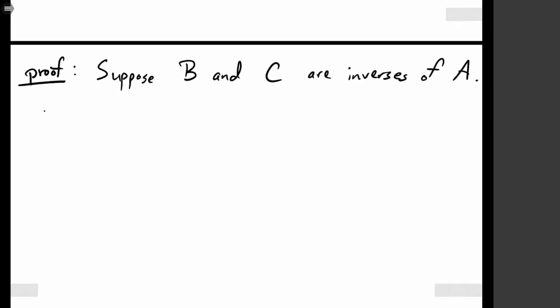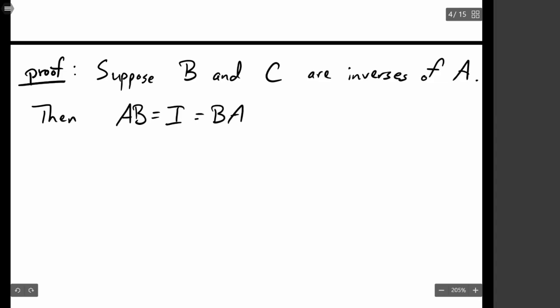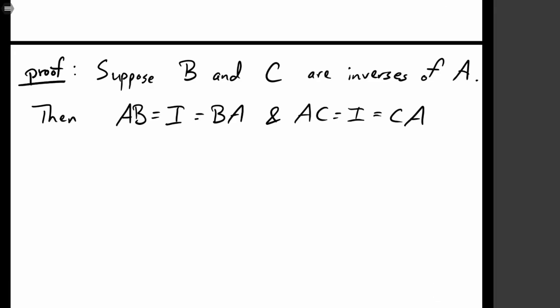Then AB is the identity, but that's also B times A. And also AC is the identity, as is CA. Again, if B and C are both inverses of A, then when we multiply them together, we should get the identity.